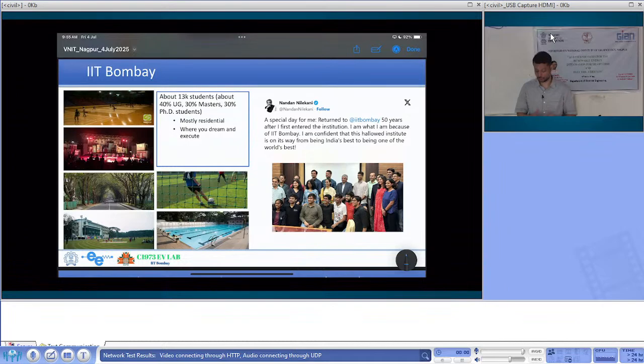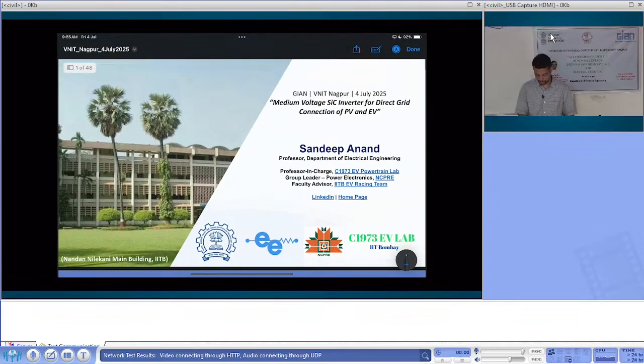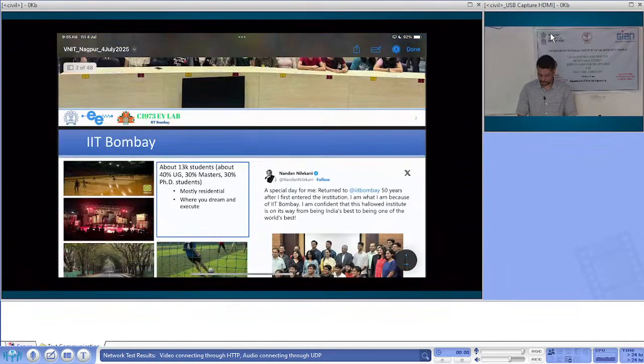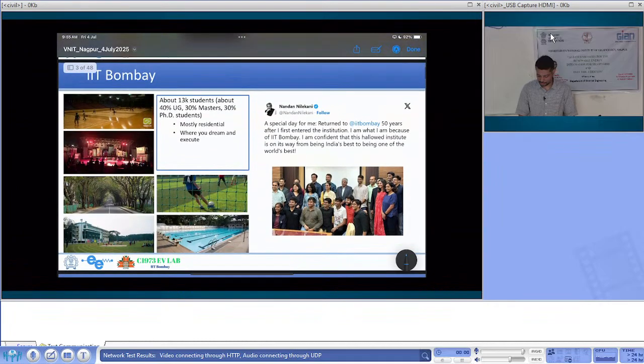So the overall number of people on campus who come for work is probably a little higher. But the right side one is what I wanted to point out. In my first picture, I've shown you, right? If you see this left side picture, this is the Nandan Nilekani Main Building. Earlier we used to just call it the main building. Recently it got renamed to Nandan Nilekani Main Building. He's our alum, and this is what he tweeted.